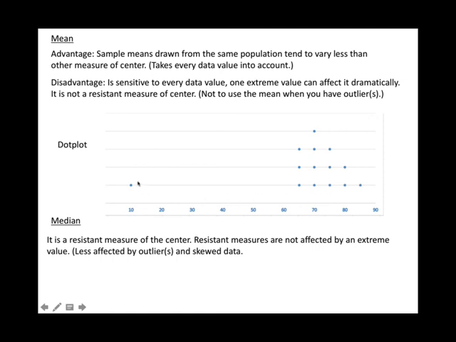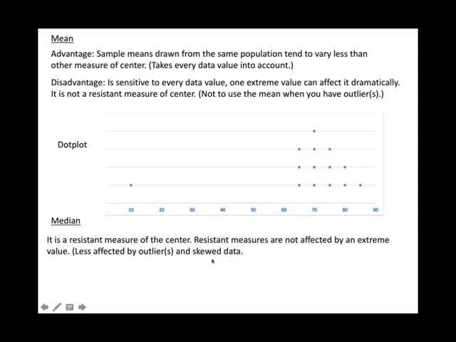I have a 10 here. I take out this one, take out this one, take out 65, take out 65. We may find the measure of center is going to be 70 or 75 or something in here. The median is less affected by the outliers. So if you have outliers and you want to calculate the measure of center, median will be the best choice.